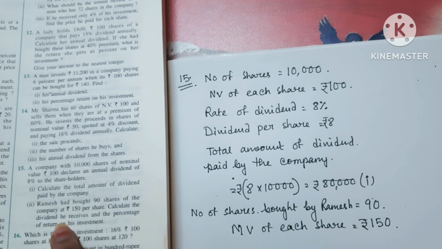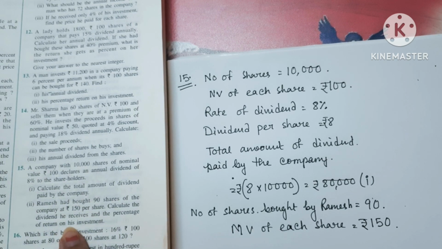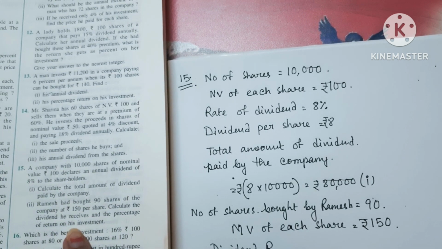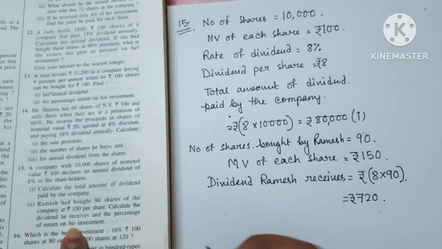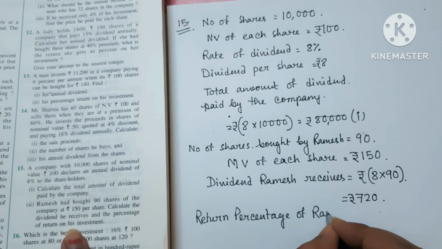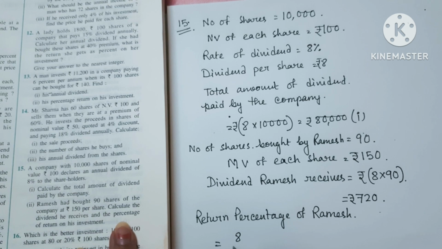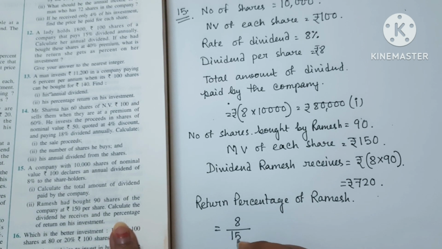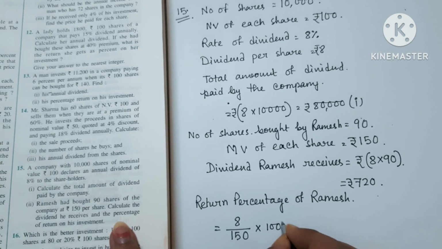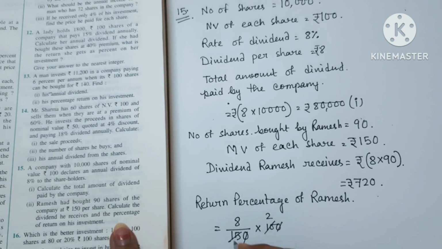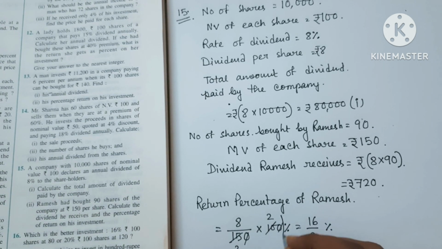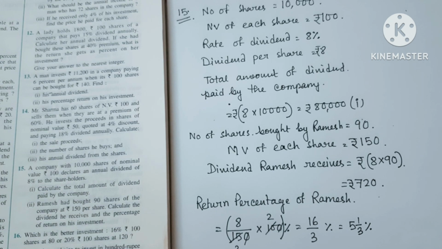Calculate the dividend he receives and the percentage of return. So there are two questions: the dividend Ramesh receives, and the return percentage of Ramesh. That is dividend 8 by market value 150 into 100, this percent. Okay, 5 and 1/3%.